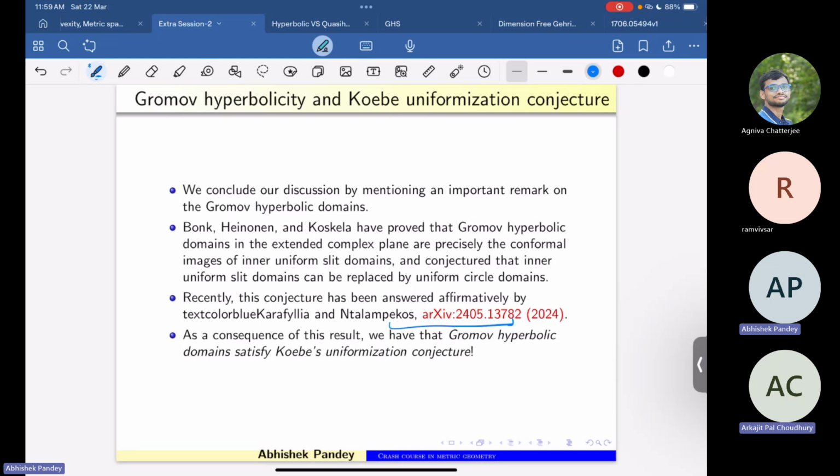For simply connected domains, we simply have the disk, where the boundary is a circle. For multiply connected domains, we have different kinds of circle domains, something like this. So it covers everything. The Koebe uniformization conjecture says that for every hyperbolic domain, there is a circle domain such that it is biholomorphic to that.